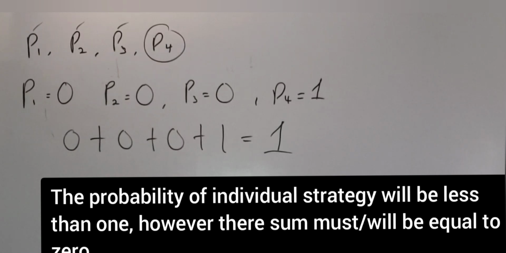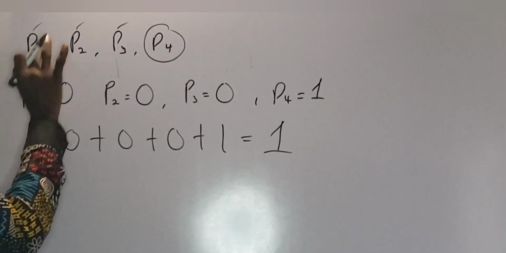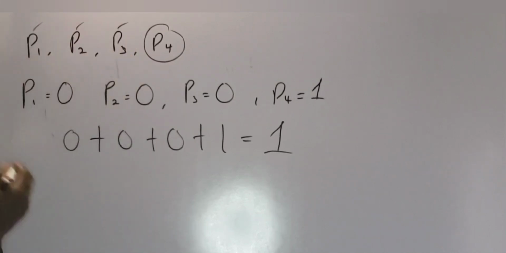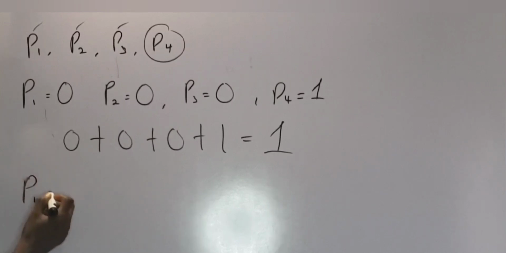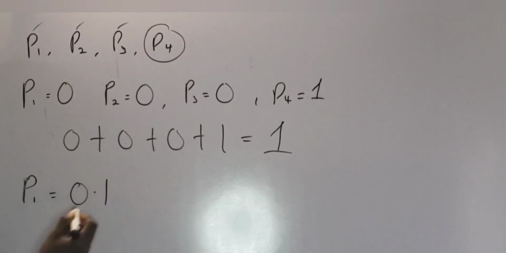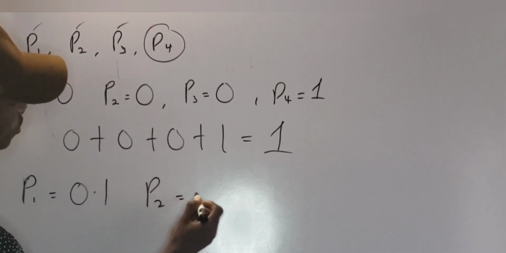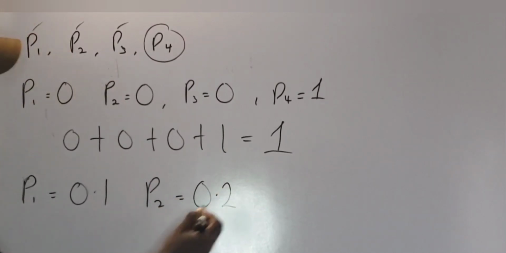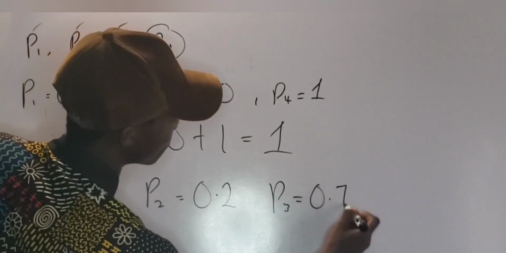So let's say the player adopts strategy 1, strategy 2, strategy 3. The probability of strategy 1, which is P1, can be equal to 0.1. The probability of strategy 2 can be equal to 0.2. The probability of strategy 3 can be equal to 0.7.